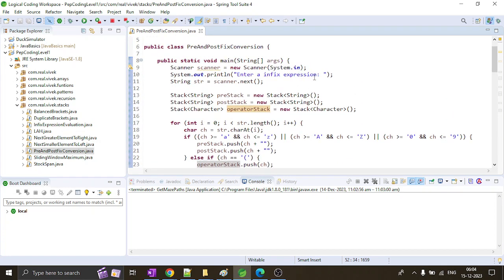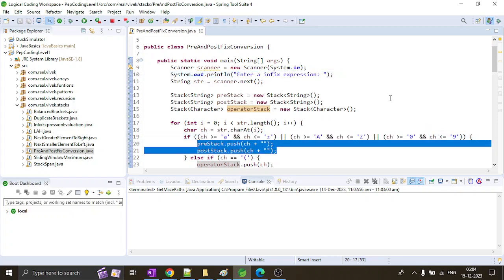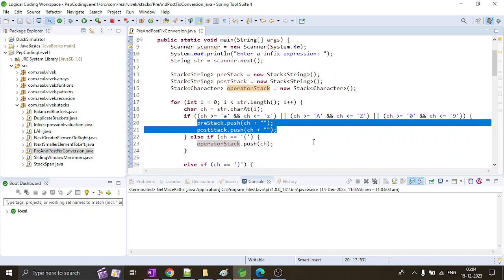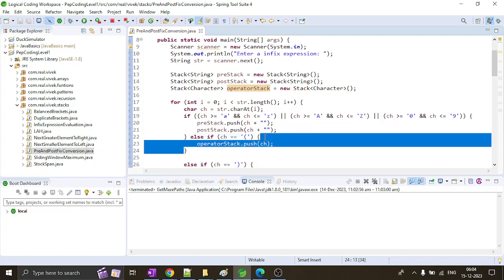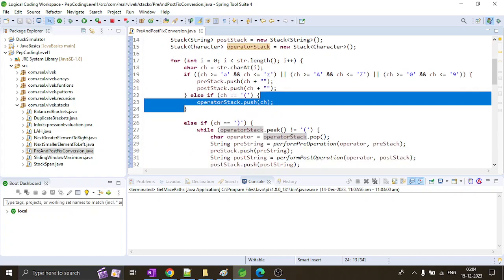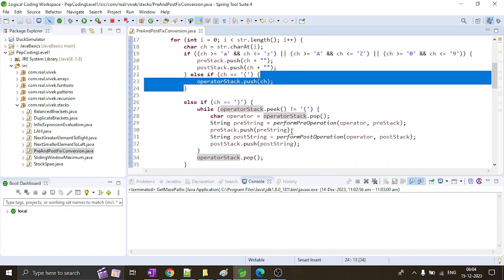We were given an infix expression, we iterated through that string, and whenever we encountered an operand, we have to push in both the stacks, the pre-stack and the post-stack. Whenever we encountered an opening bracket, we push into the operator stack only. Whenever we encountered a closing bracket, we used to pop and perform some operation.